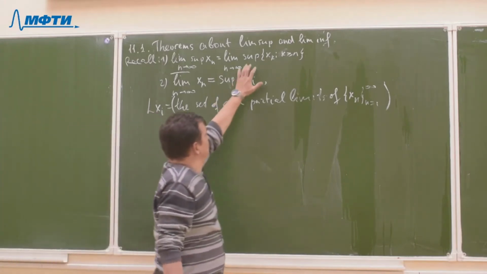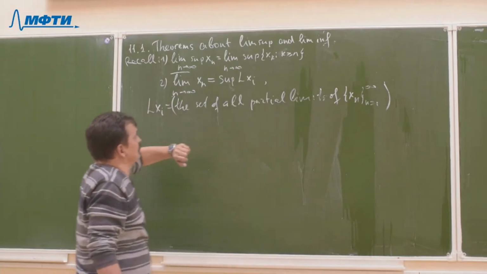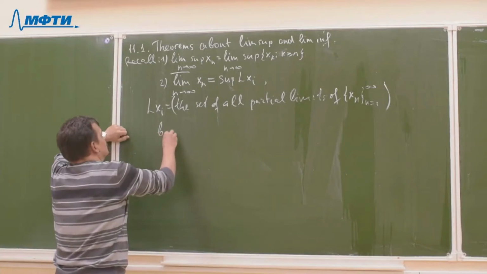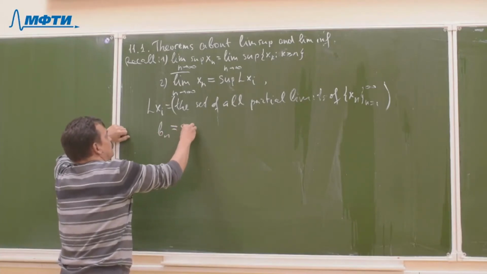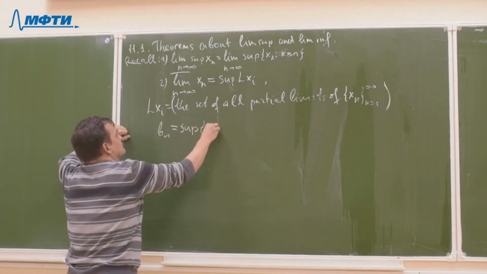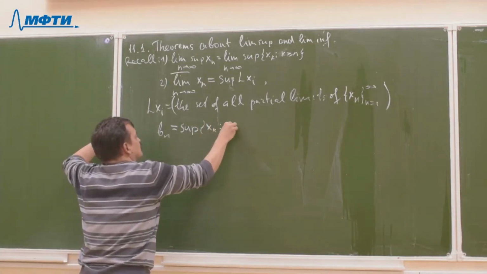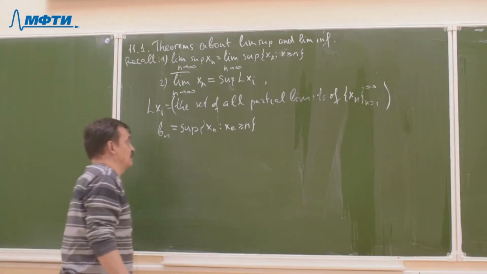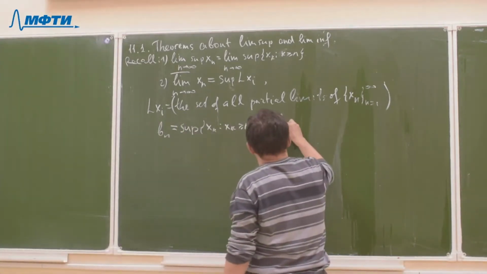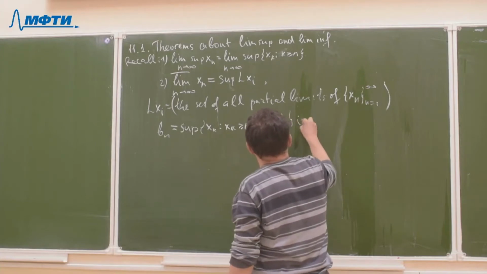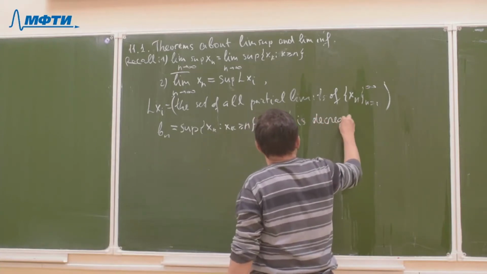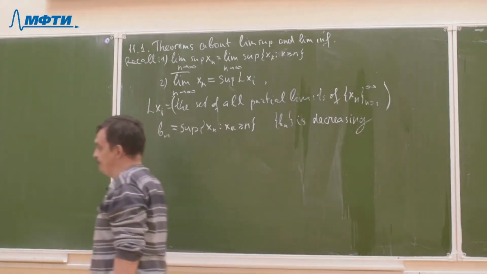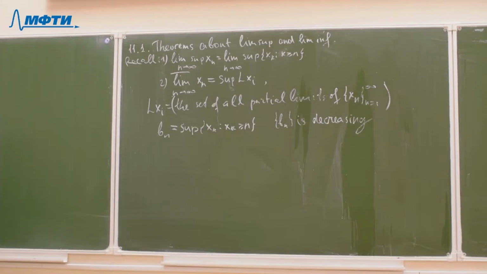And as we checked during the last lecture, the sequence, let me denote it by Bn, the supremum, this sequence Bn is decreasing. That was proved during the last lecture.